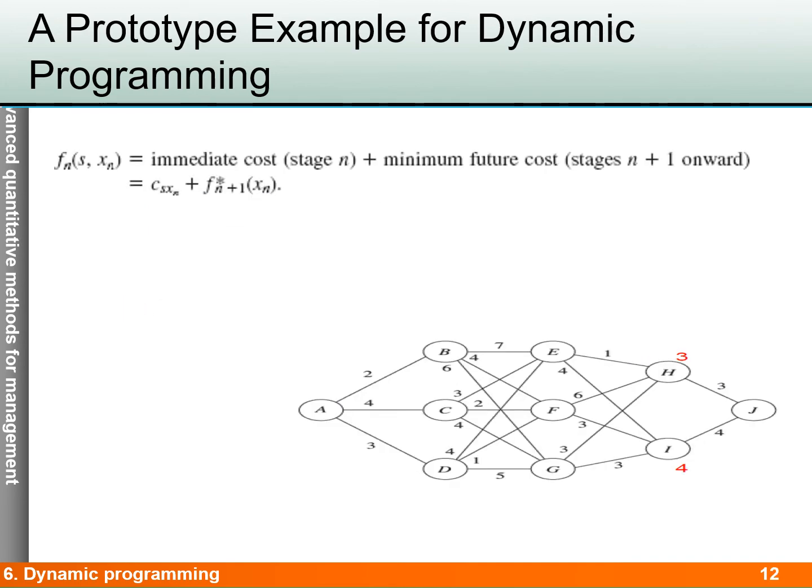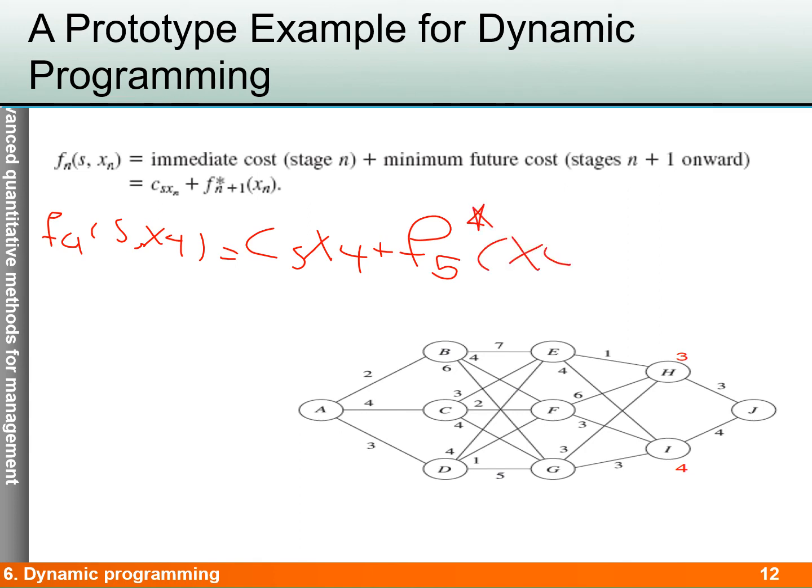To complete what we learned in the previous slide, let's focus on this concept to justify what happens. Imagine, for example, we are in the step F4(S, X4), which is C_SX4 plus F5*(X4).